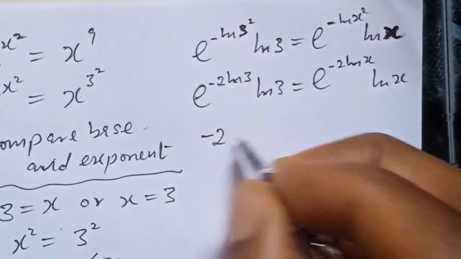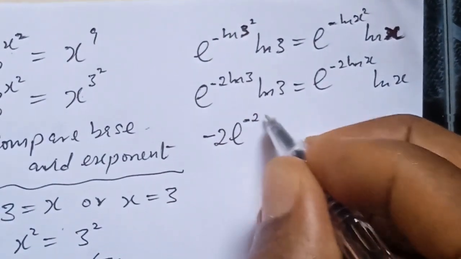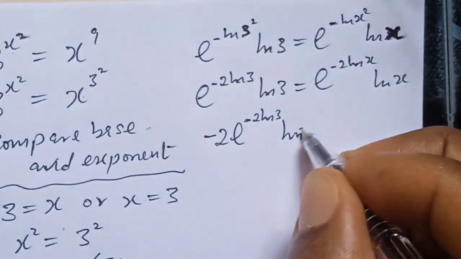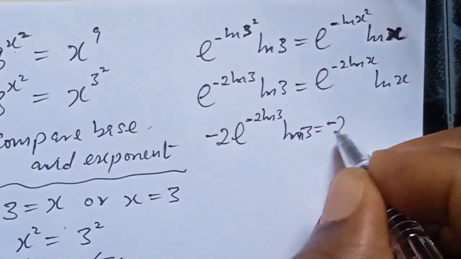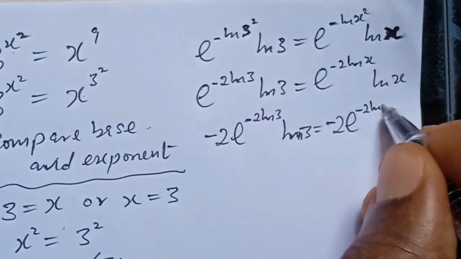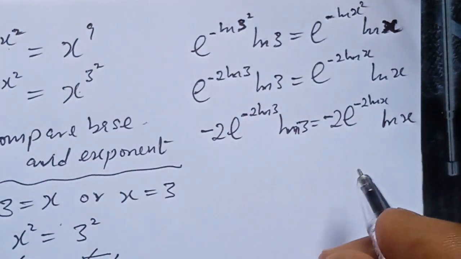So we have minus 2 e to the power of minus 2 natural log of 3, natural log of 3, equal to minus 2 e to the power of minus 2 natural log of x, then natural log of x.